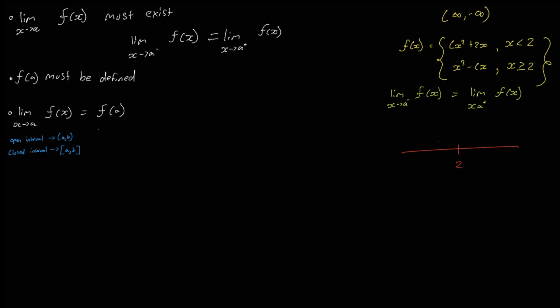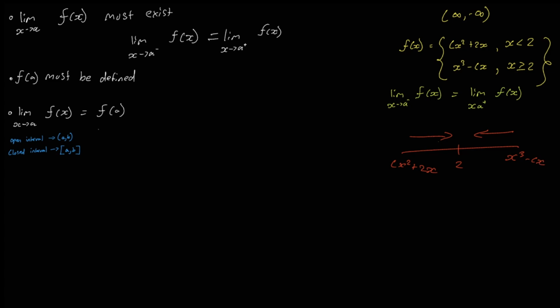And then attached to the condition is our x value. So when x is less than 2, meaning approaching from the left hand side, our function is cx squared plus 2x. And when x is greater than or equal to 2, meaning approaching from the right hand side, our function is x cubed minus cx.